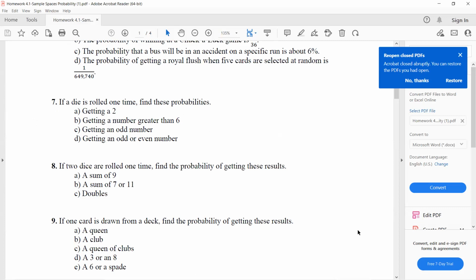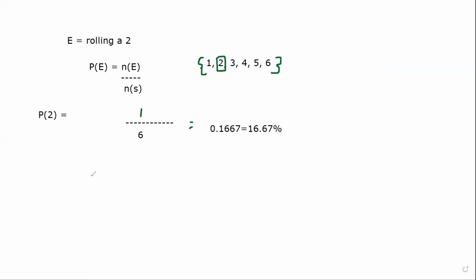Getting a number greater than 6. So the possibility of getting a number greater than 6? Mm-hmm.